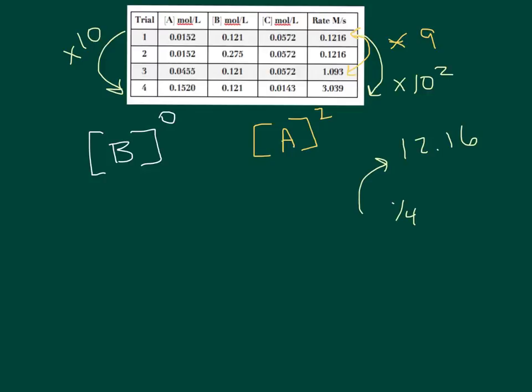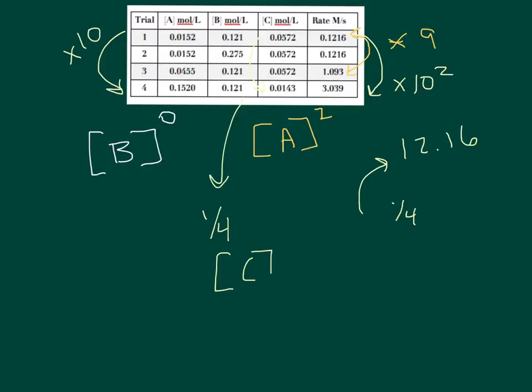Well, examining the concentration of C from trial 1 to trial 4, we can see that C has been cut to 1/4 of its original concentration.